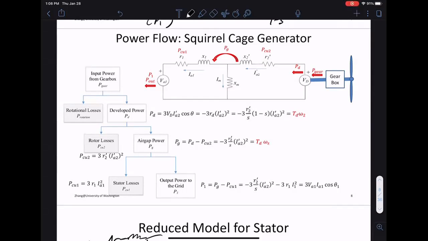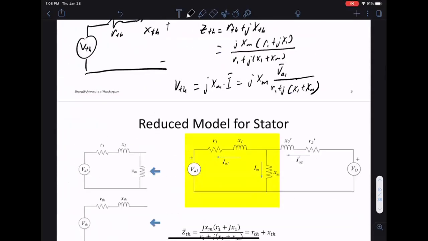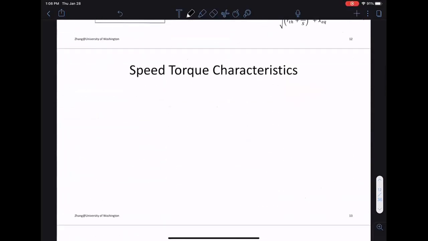So speed torque characteristics tell us how the torque, and in turn power, looks when we vary the slip. We want to know what that relationship is. If you look at speed torque relationships or speed power relationships, what we have is something like this. So let's look at the equation.